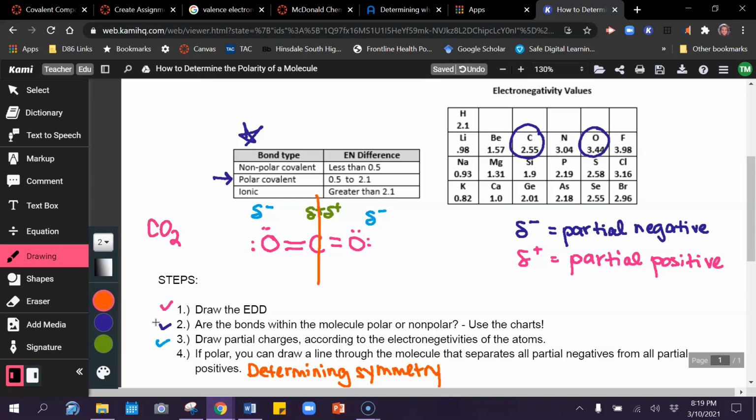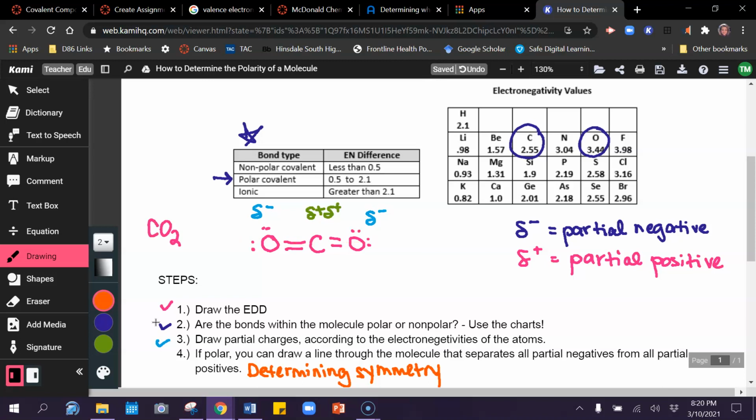But if I do that, I'm going right through my positives. I've got a mix, right? I've got positive and negative on one side of the line. I've got positive and negative on the other side of the line. So that doesn't work. And I can't draw a line like this. That doesn't make any sense. I can't bisect my atoms like that.